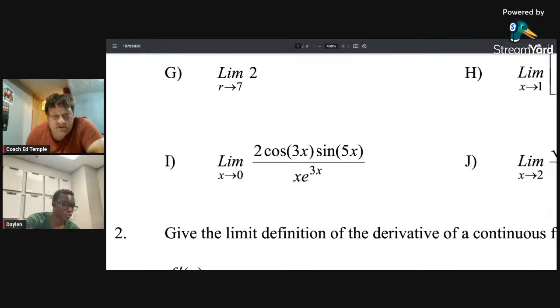Okay, do you know anything about cosine and sine? Well, first off, cosine of 0 is 1, but the sine of 0 is actually 0. So it'd be almost like saying 0 divided by 0.